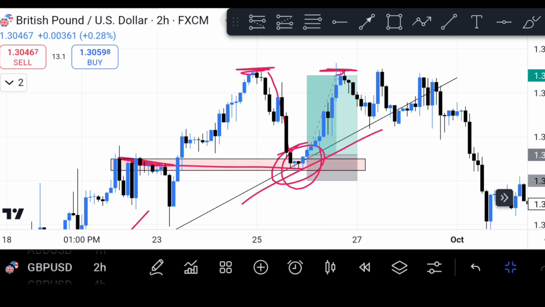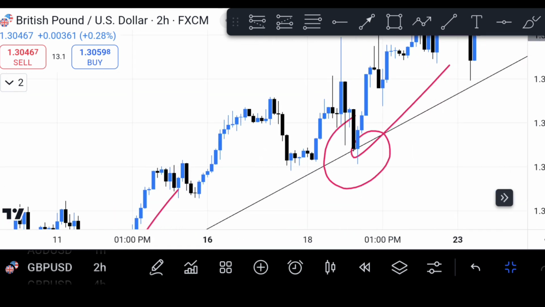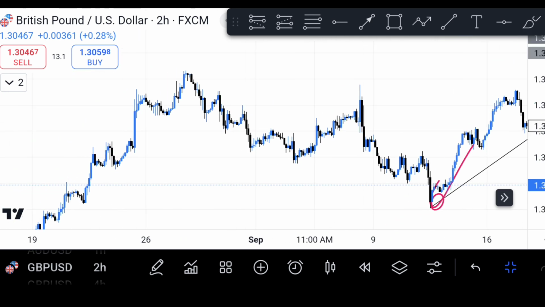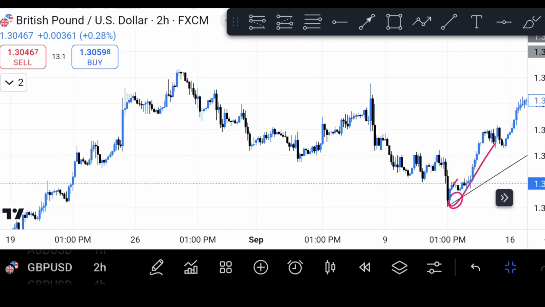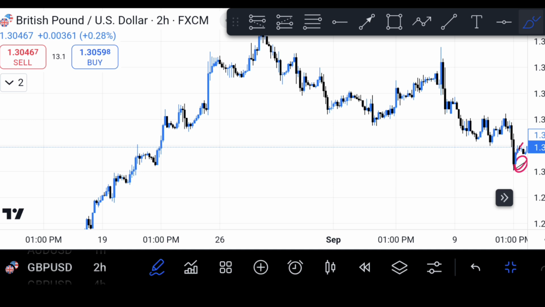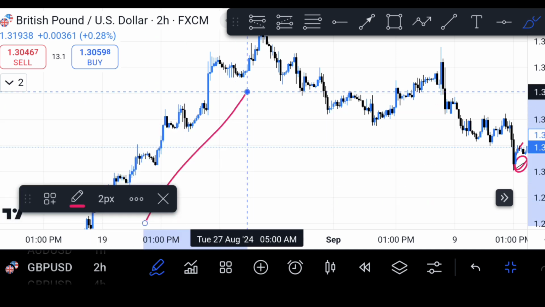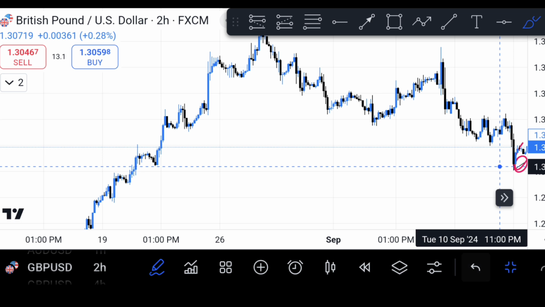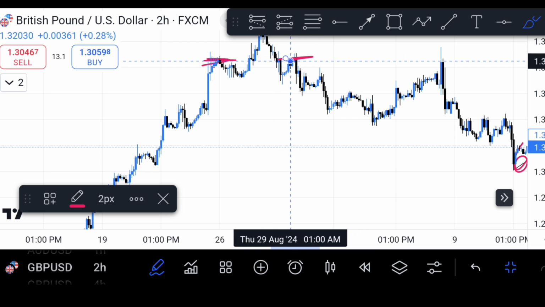The next one we're going to talk about is the bullish or the bearish engulfing candle. So let me use this place to analyze for you. You can see this side price was bullish, bearish, bullish, bearish. So we look out for an entry. You can see there's a reaction around here, reaction around here, reaction around here.